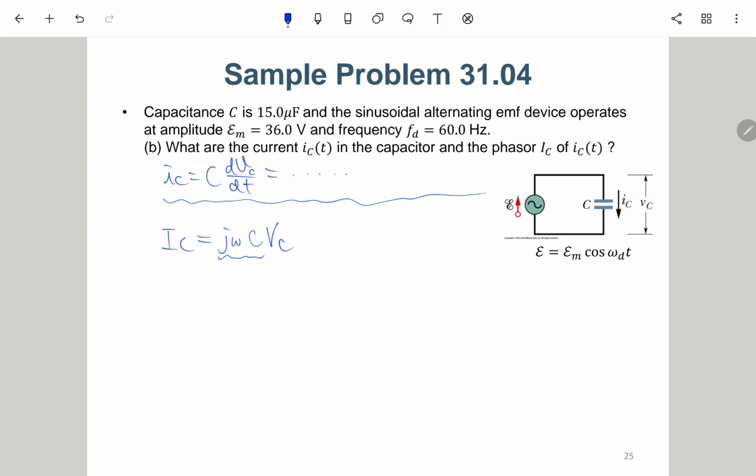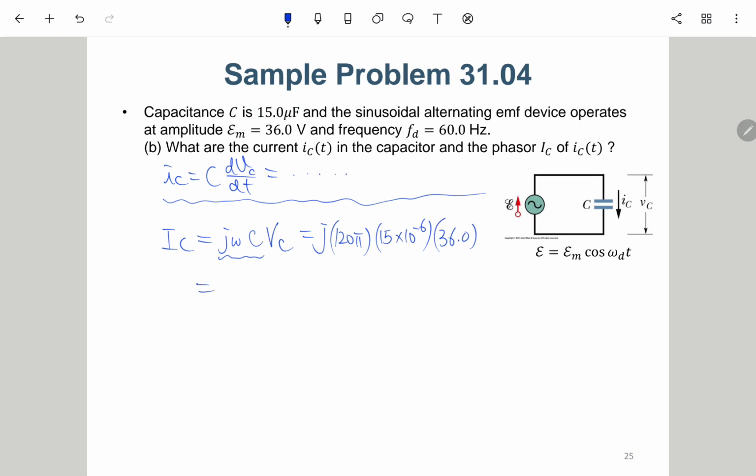Omega is 120 pi, C is 15 microfarad, 15 times 10 to the negative 6, and VC is 36.0.